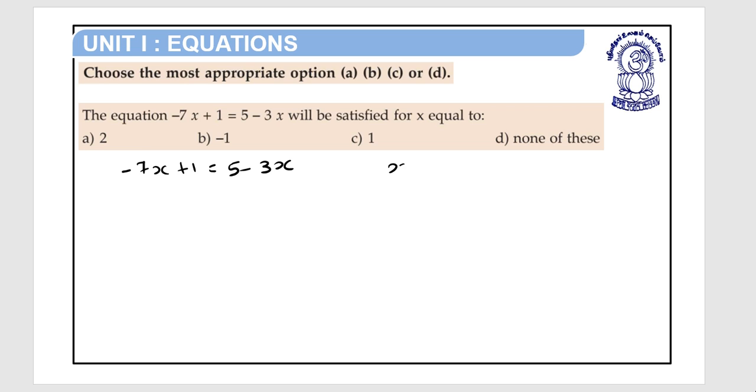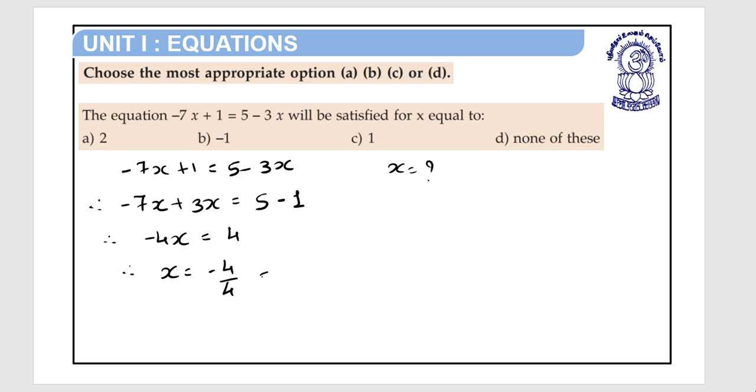So find out the value of x. -7x + 3x = 5 - 1, so -4x = 4. So x = -4/4 = -1. So x = -1. Answer is B, -1.